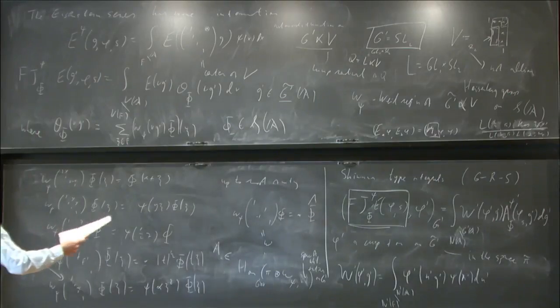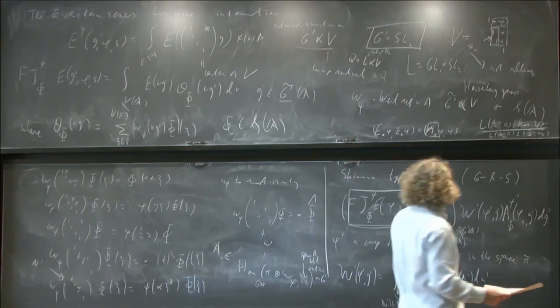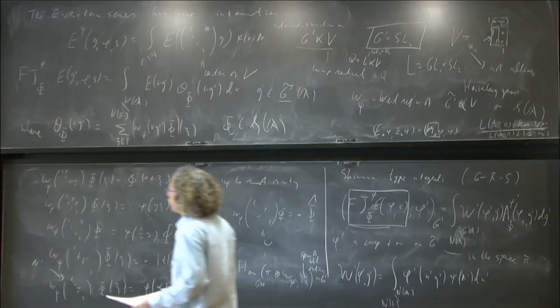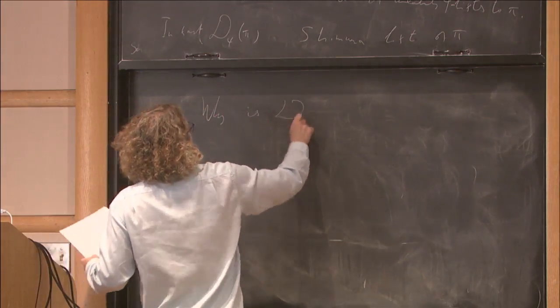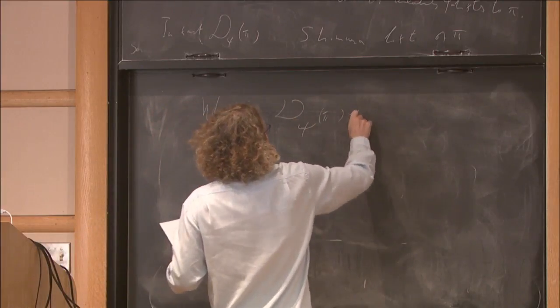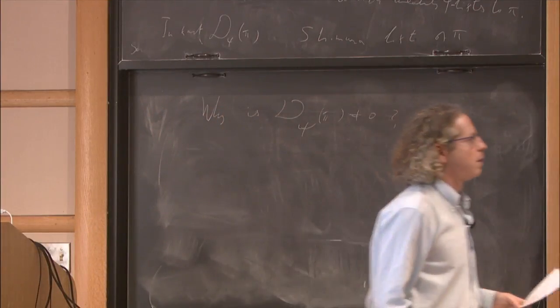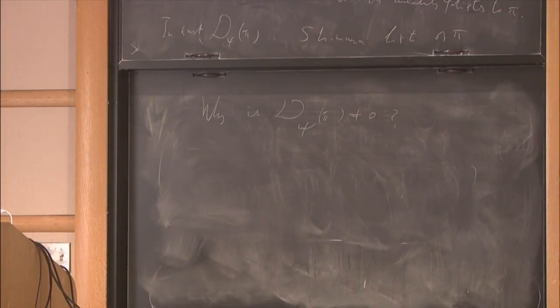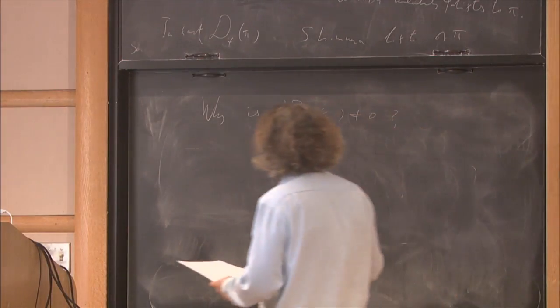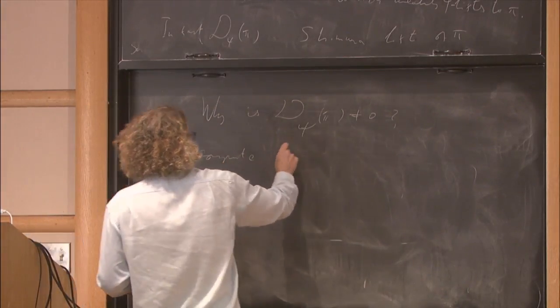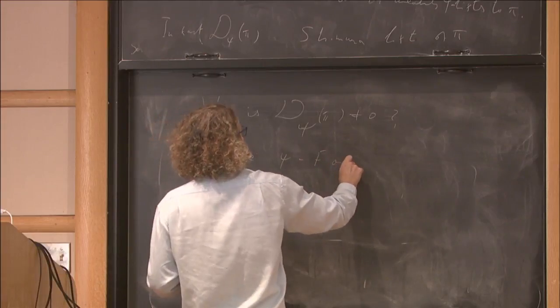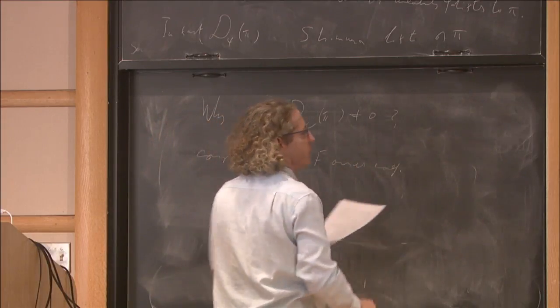Okay, but to complete the story, I need to tell you not just what this is, but also what the Fourier coefficient is. So why is this non-zero? I mean, we can write anything that we want, but why is it non-zero at the end? Well, there are several ways to think about this, but one way which gives you some information is to compute a psi Fourier coefficient of this gadget and show that it's generic.